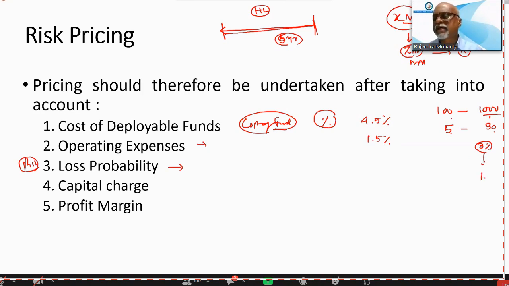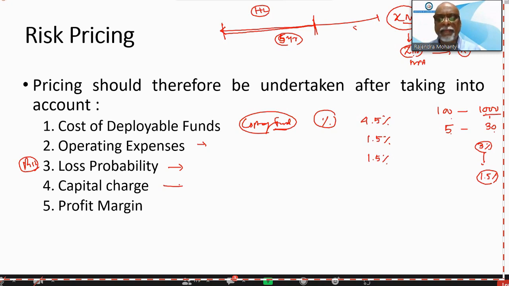So that percentage comes to say 1.5, suppose. That means for the last 5-year period, our loss was 1.5% per annum. So that 1.5% I have to recover in the future 5 years. So I have to load this factor into the rate of interest of loans. So I have loaded this one.